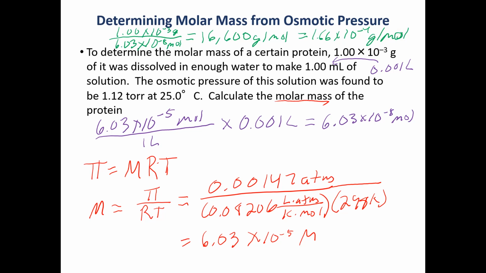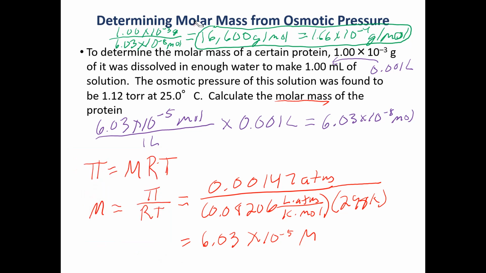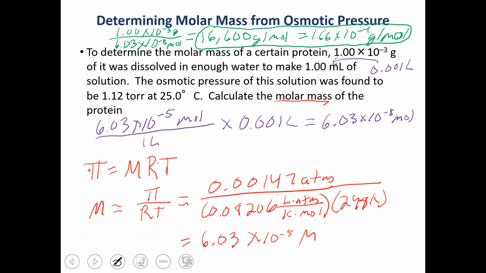So that seems like a rather large molar mass, but that's actually pretty small for a protein. Proteins usually do have a fairly high molar mass. So don't think that your answer coming out that way means that you did something wrong. It's just coming out that large because we're dealing with a protein here.